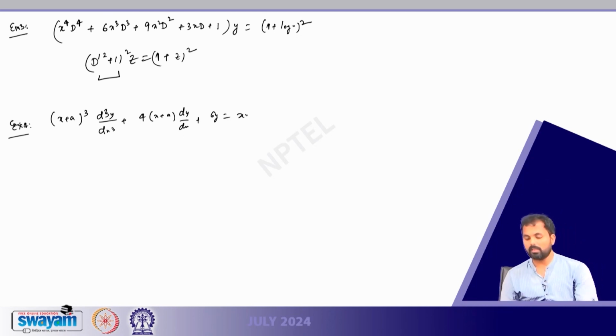So, something like this, and this should be negative sign. So, something like this, and then we substitute again x plus a equals to e to the power z.